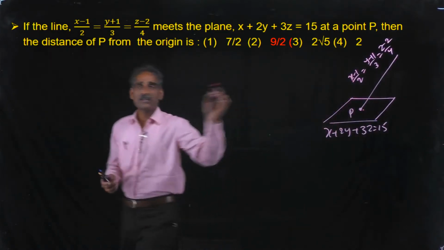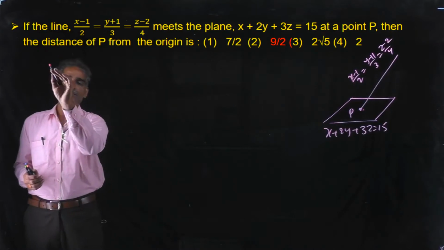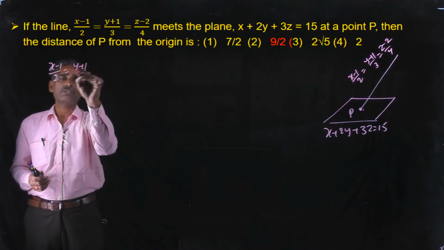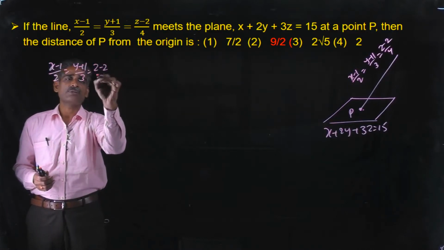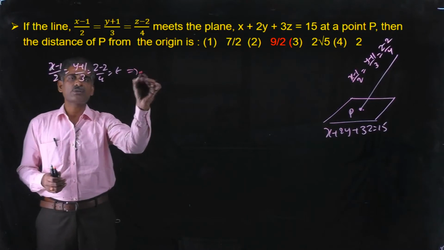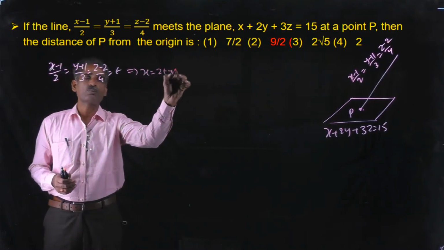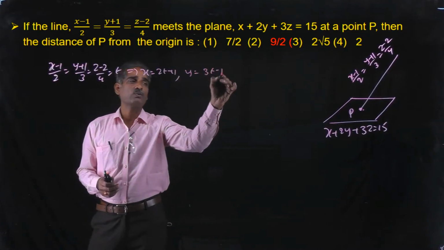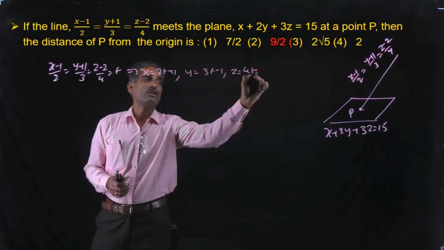So the given equation is (x minus 1) by 2 equal to (y plus 1) by 3 equal to (z minus 2) by 4 equal to some constant t. So from this we can write x equal to 2t plus 1, y equal to 3t minus 1 and z equal to 4t plus 2.